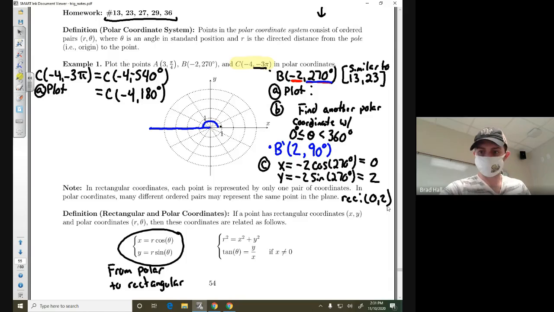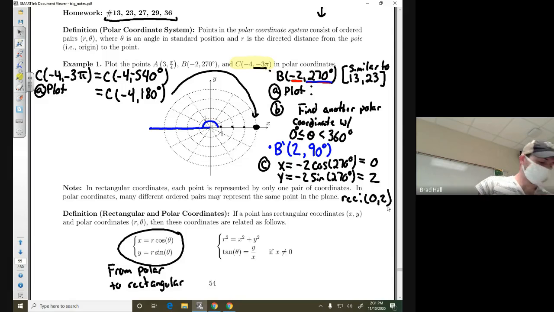So that would be 1, 2, 3, 4 in the opposite direction, because the radius is negative. So this is where the point C would go. So at this point, we could subtract 180, right? And then flip the 4, so it'd be 4, and then comma 0 degrees.